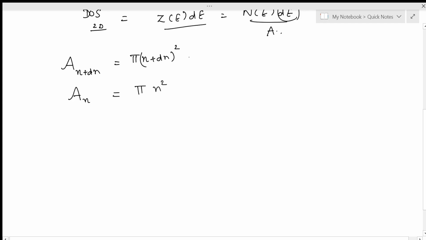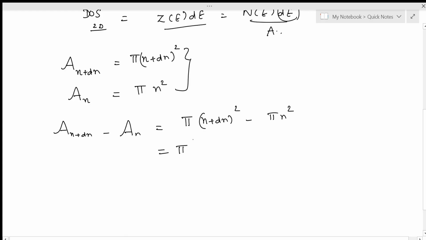We have to find the number of available energy states between these two intervals. Therefore, A(n plus dn) minus A(n) is equal to pi (n plus dn) the whole square minus pi n square. Expanding this and taking pi outside as the common term, (n plus dn) the whole square minus n square.